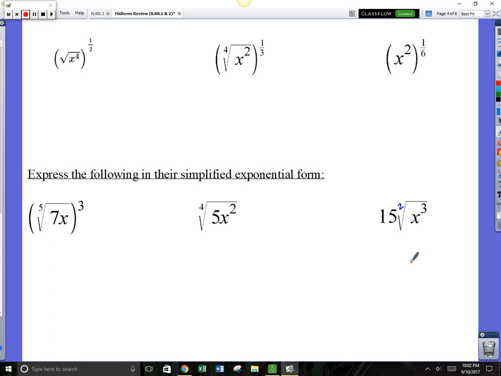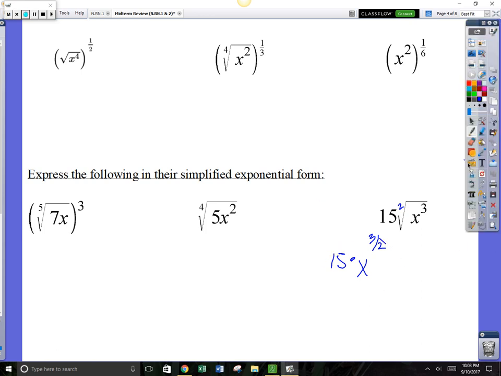And let's see. Okay, so 15 is out on its own. And I'm going to go x to the 3/2. Okay, that's one way. You either did that, and I guess that'll be okay, or you simplified your radical first.